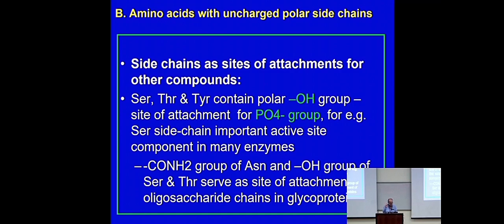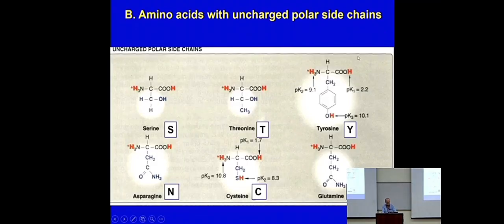So I want you to appreciate that. We'll talk about it quite a bit later in this block. But these three amino acids can be modified covalently by the addition of a phosphate group. Okay, I think I'll stop here and we'll continue on Friday.